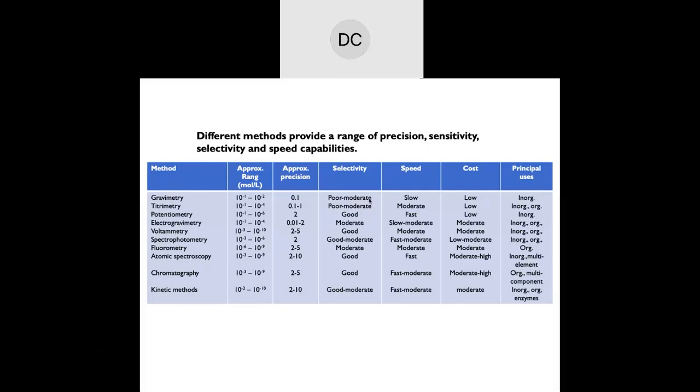Kalau kita cakap selectivity, macam mana dia select sesuatu benda tu specifically kepada satu bahan tu. It's a kind of poor and moderate lah. But then kalau chromatography, if you look at the chromatography, it's a good selectivity. It's selective. It's not all chemicals can undergo the chromatography process.